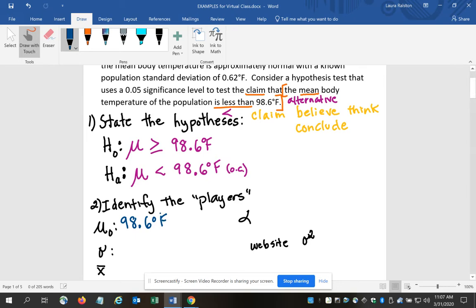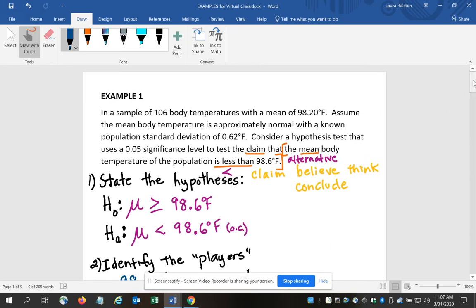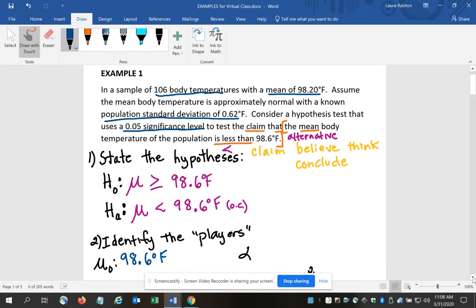Then I'm going to go back and read through some things. It says in a sample of 106 body temperatures with a mean of 98.2 degrees Fahrenheit. The population standard deviation is 0.62, and I'm using a 0.05 significance level. Now, you could write those down as you go, but the way my screen is, I can't do that.